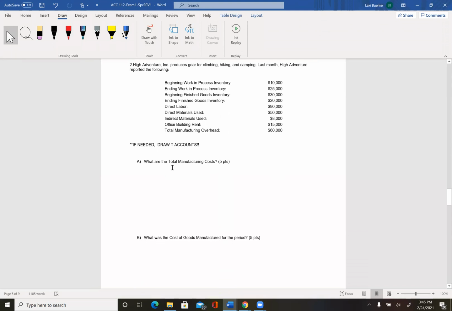For number 2, it's asking for the total manufacturing costs. So the total manufacturing costs are going to be direct labor plus direct materials plus manufacturing overhead. That's the formula for them. These are all given.